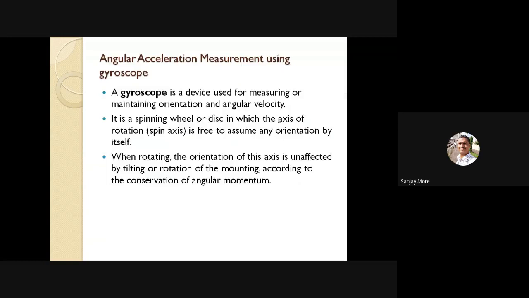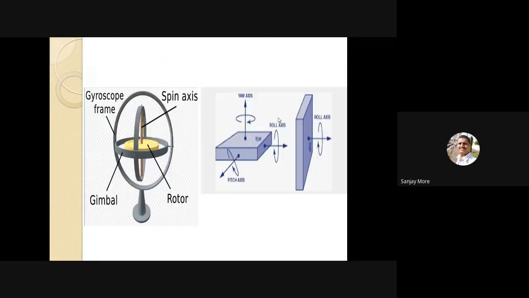Give the heading angular acceleration measurement using gyroscope, and draw only this diagram. Draw only the 2-dimensional diagram within 2 minutes.